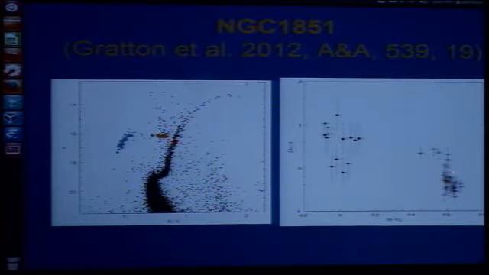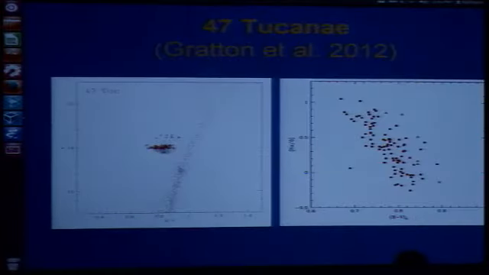You see that there is a gradient also among the red horizontal branch. Even in the red horizontal branch, we have some stars that begin to be sodium rich and oxygen poor, but they are the bluest stars on the red part of the horizontal branch. There are other clusters in which we did these things, and we always find this kind of trend. So it's confirmed by the observations, with the limitation that we cannot observe the very extreme cases of extremely high helium.